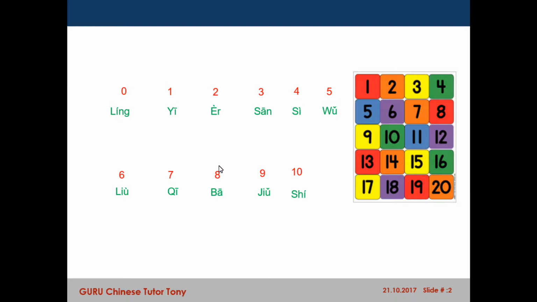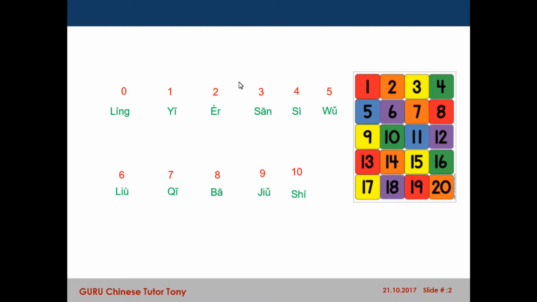Everybody just follow me to read the Chinese. First one, 0, 零. 零, and 一. 一 means 1. Be careful, that is the first tone. The second, 2, is 二.